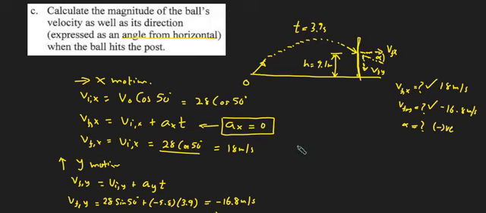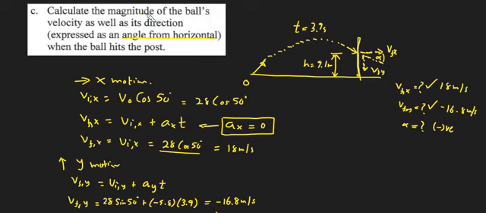Now how do we find the magnitude of the ball's velocity? We use the vector addition of these two vectors, v final x and v final y. The magnitude of the velocity is the square root of v final x squared plus v final y squared.